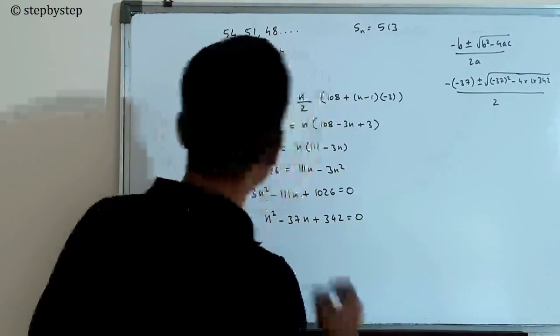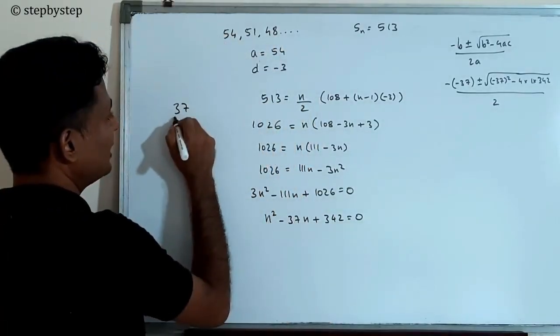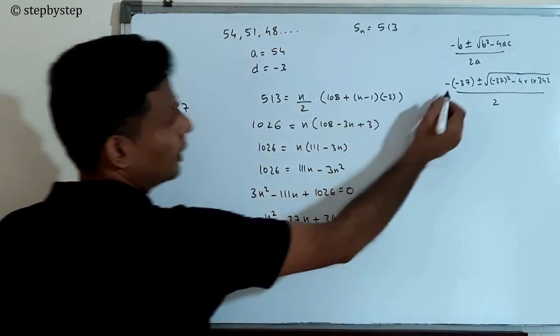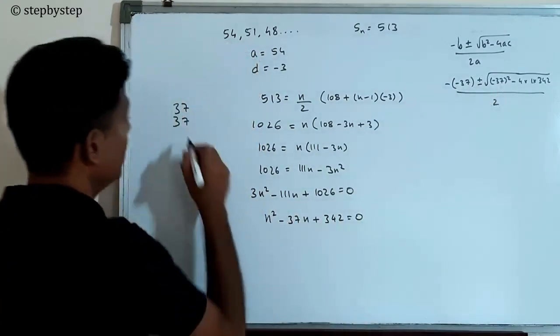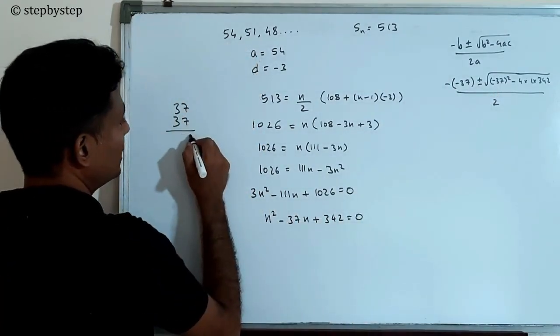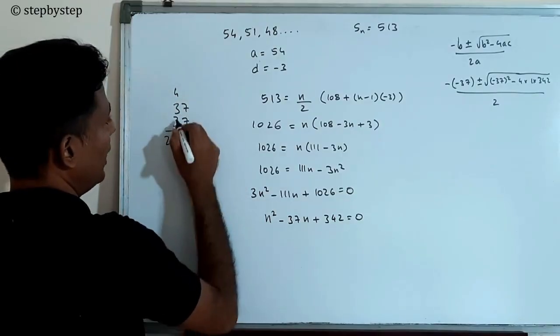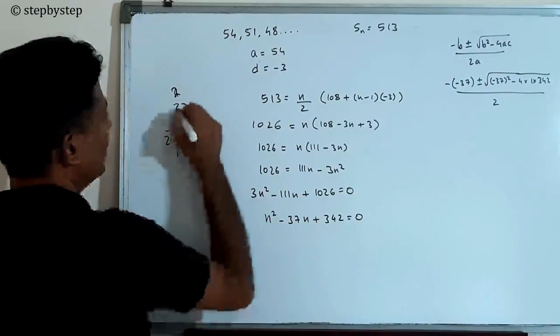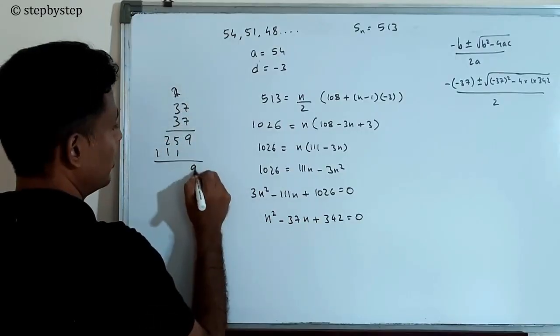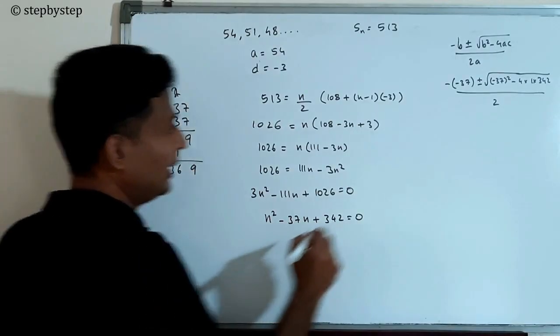Now finding 37 square, so I'll do it here. 37 into 37, 7 sevens are 49, 3 sevens are 21 plus 4, 25, 3 sevens are 21, 3 threes are 9 plus 2, 11. So 1369.